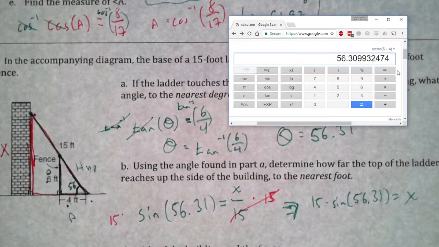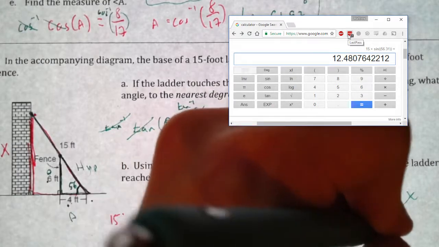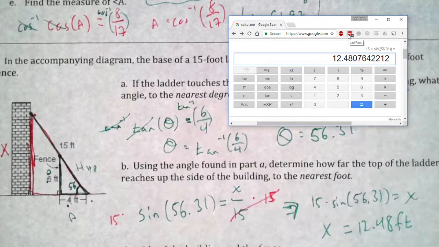So I will clear 15 times sine of 56.31, close parentheses. And I find that the missing side over here, this side of my building, is 12.48 feet tall. So I can say X is equal to 12.48 feet.